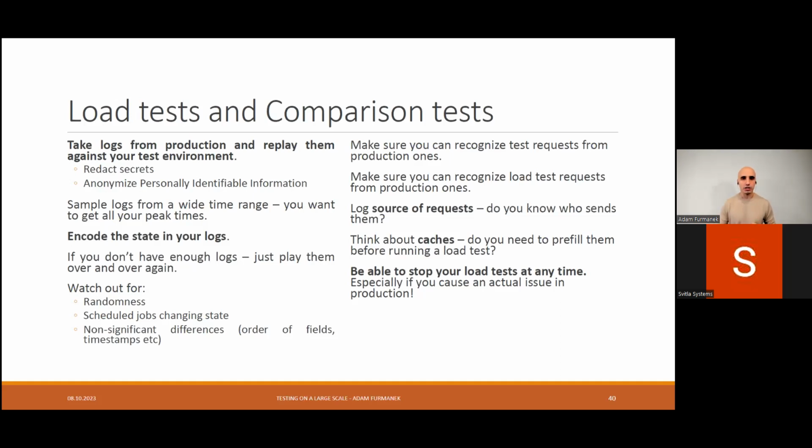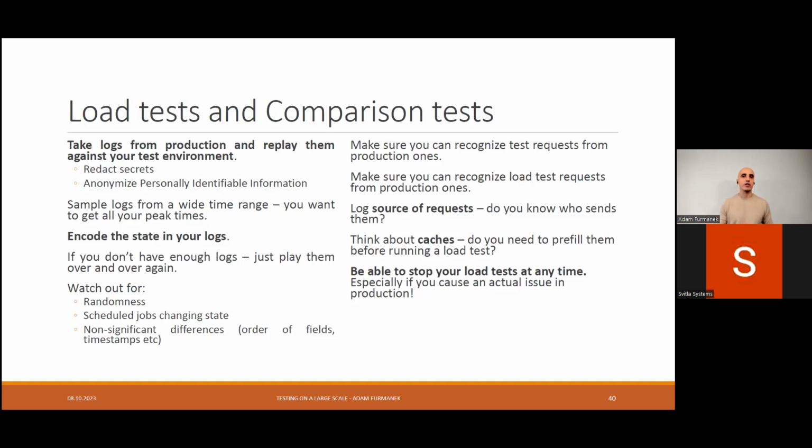Statefulness of your applications. You can't just take the request from production and run it against your testing database because, hey, you don't have production entities in the testing database, right? Different data distribution: if you take traffic from the US, you probably can't replay it against the European data hosts, right? So make sure you have proper distribution, that you anonymize the data properly, and sample the data properly.